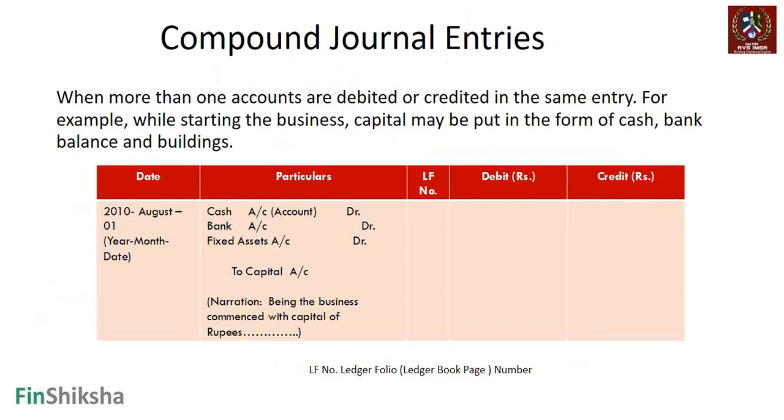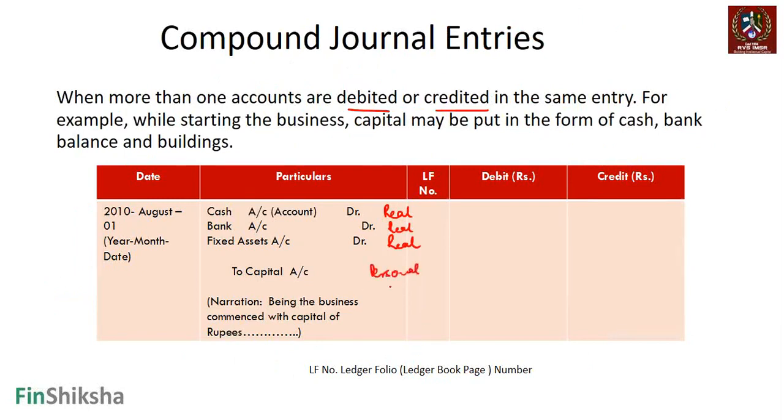You could also have compound journal entries, right? When one or more accounts are debited or credited in the same transaction, right? For example, while starting the business, the capital may be put in the form of cash, bank balance, and buildings, correct? Note that all these are kind of real accounts, right? And capital account is a personal account.